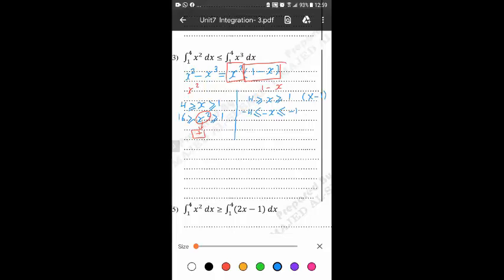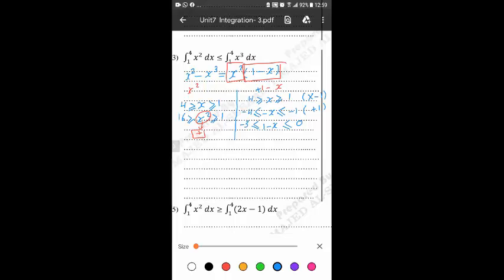Okay. Now I will need to add plus 1. So it's going to be 1 minus x. I added 1. So minus 1 plus 1 is 0, and minus 4 plus 1 is minus 3.